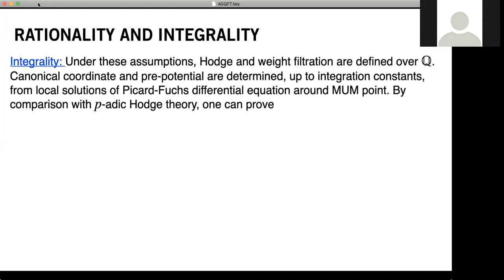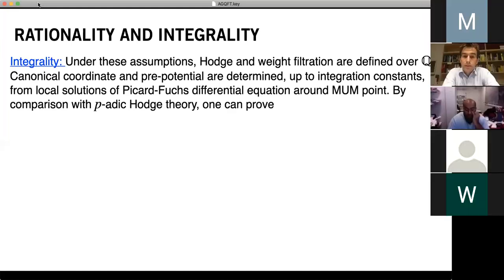So you don't need to know anything about the topology to derive these Picard-Fuchs equations. That's just the de Rham cohomology, and right. So you just get these functions up to integration constants. Okay, so the integration constants know about the additional structure that you have, the integral structure, or in the p-adic case, about the Frobenius.